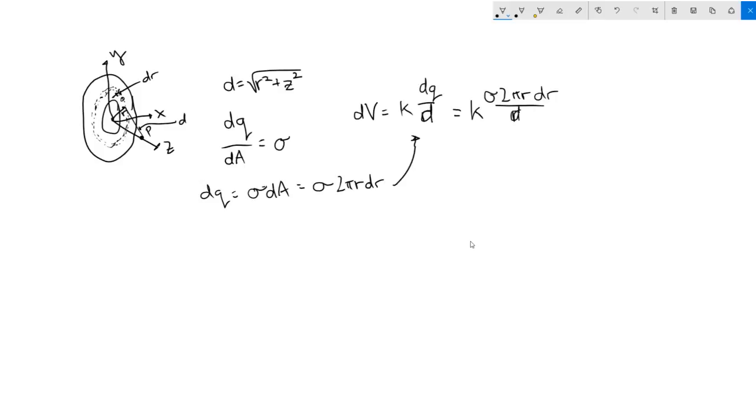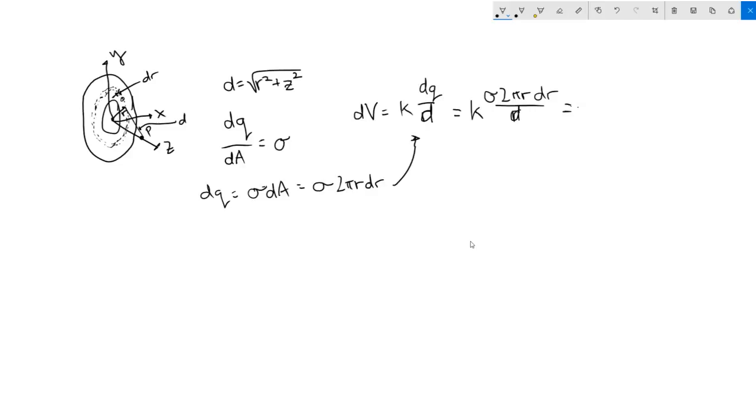This is actually supposed to be the distance from the charge to this point P. So this is d, but this is r, which is the radius of that ring from the center, whereas the denominator here is the distance from the point charge to this point P. Okay, so they're different.